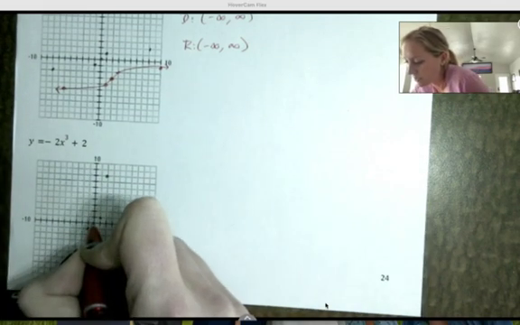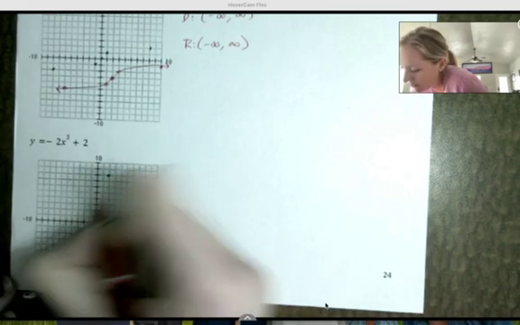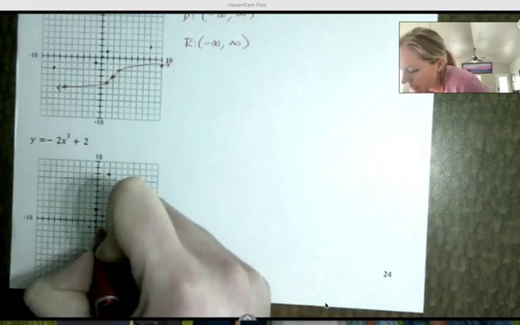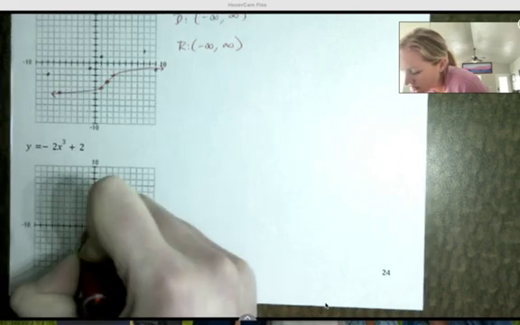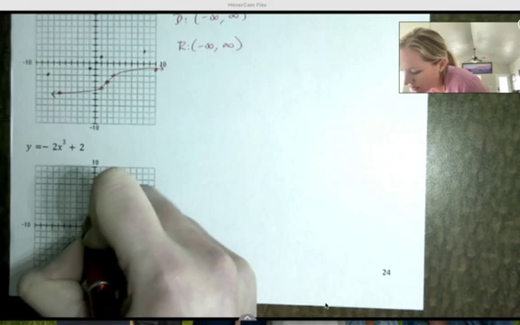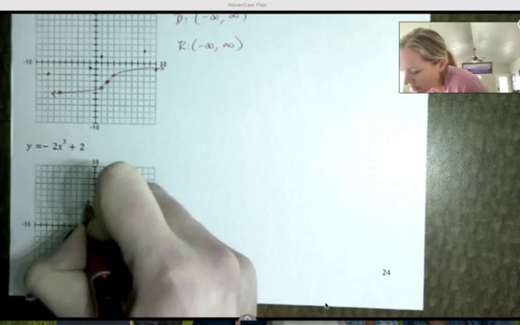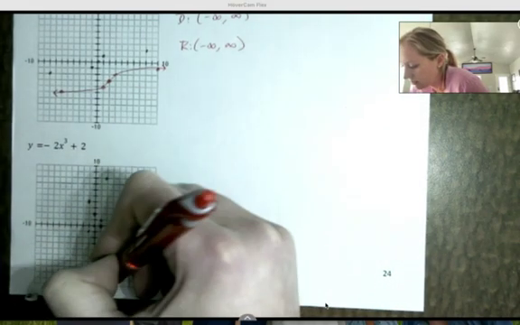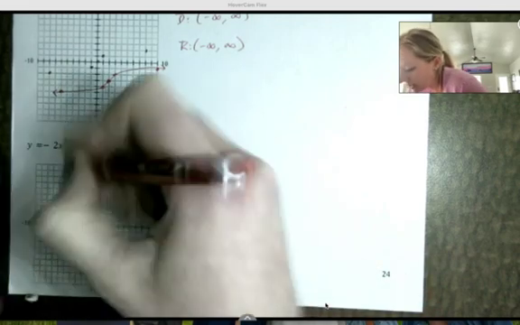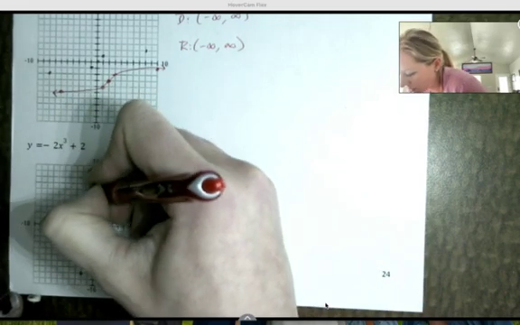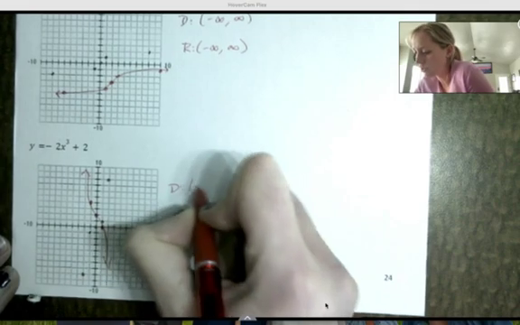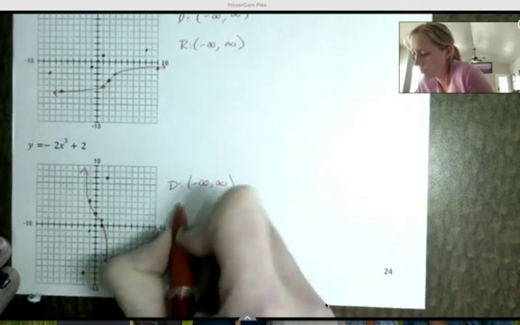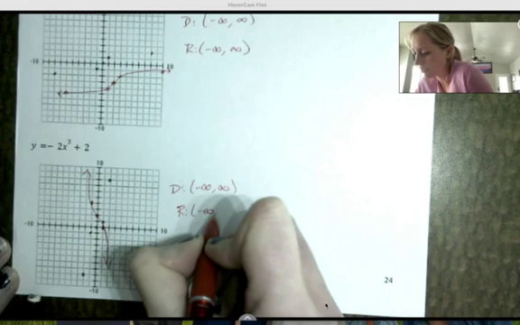So reflect, multiply by 2, and then up 2. Okay, reflect, multiply by 2 is going to make it way too big, so I'm just going to use these guys. Okay, and domain for the cubic function is all reals, as well as is the range.